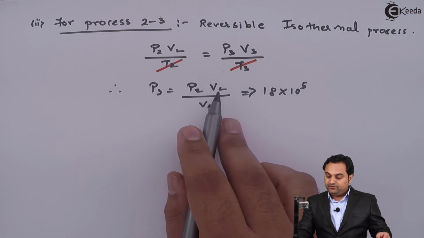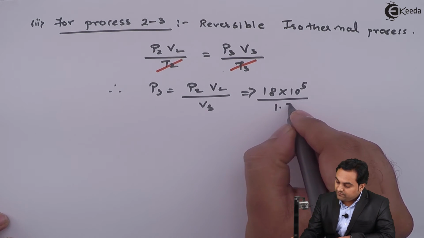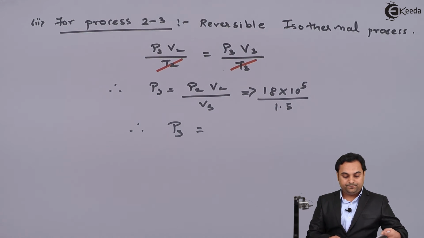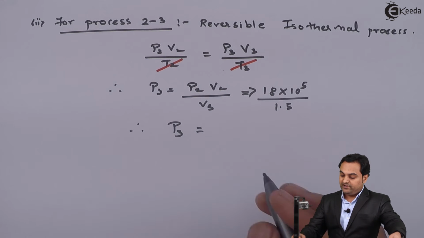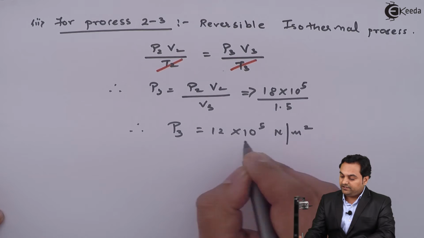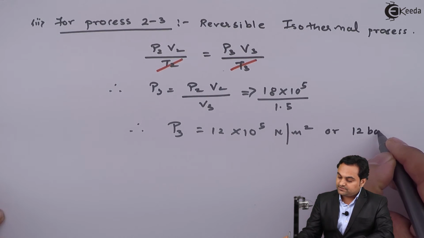So here I am having V2 by V3, that will be 1 divided by 1.5. So the answer for P3 comes out to be 12 into 10 raised to 5 Newton per meter square. Dividing this by 10 raised to 5, that gives me 12 bar as the third answer.